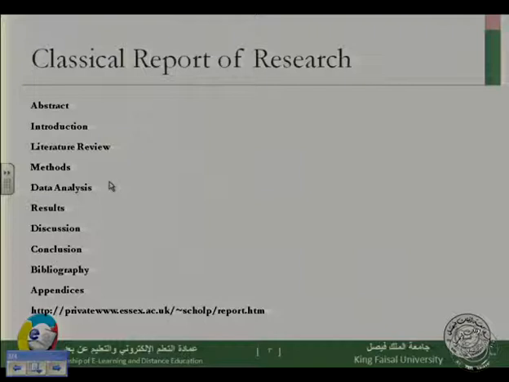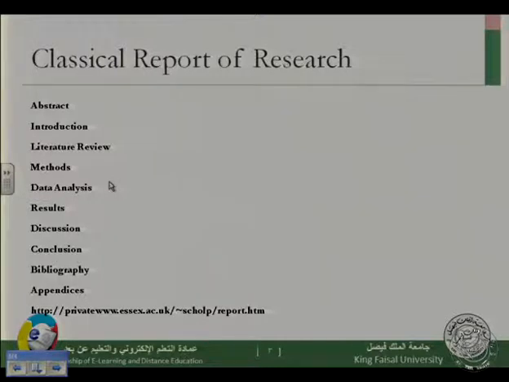Data analysis. After you gather all your data, you need to analyze your data. We have different ways and different techniques to show our results, or to analyze our data for results.